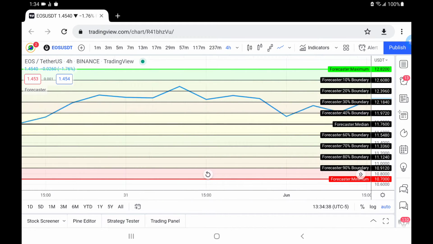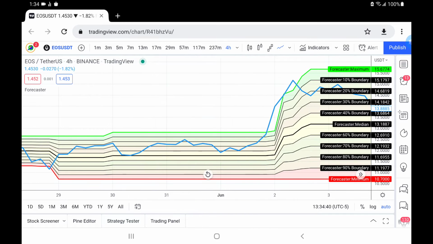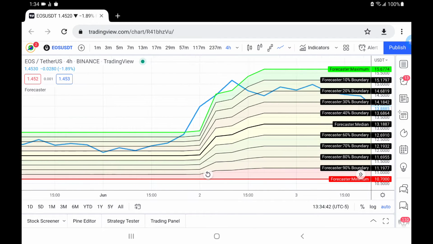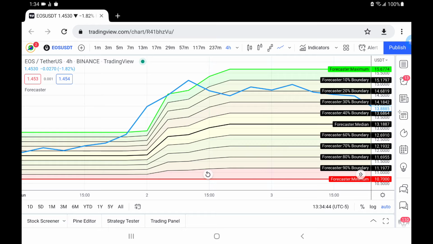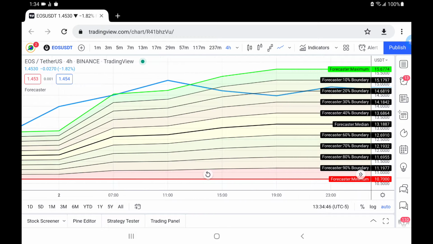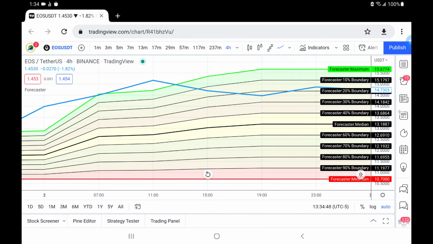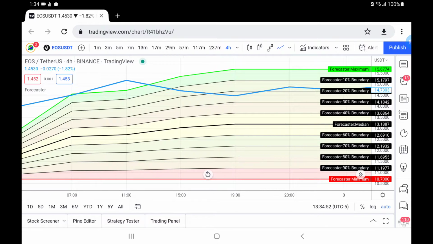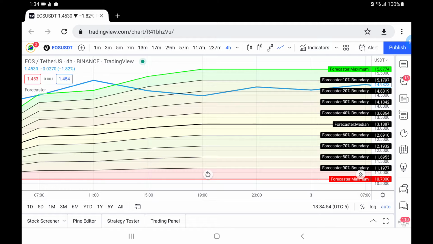So, the high. Okay, here we made a new high. We actually did some strong growth. That's good. That shows reasonable strength of the market.